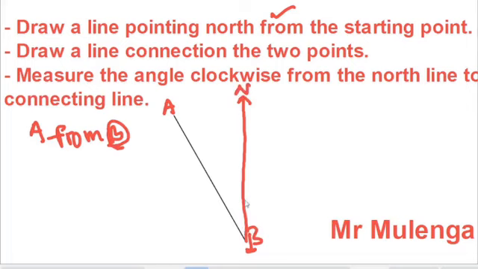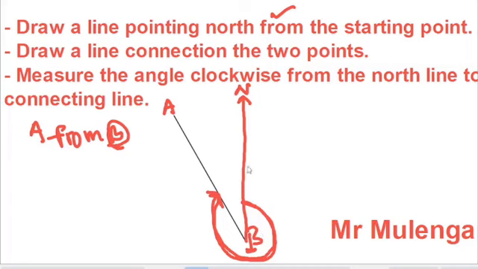This bearing will be moving from this north in the clockwise direction until it touches the line connecting the 2 points A and B. So this will be considered as the bearing of A from B. I hope this is clear.